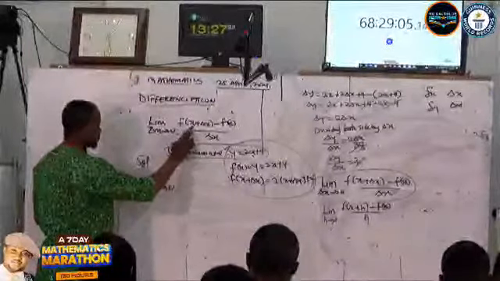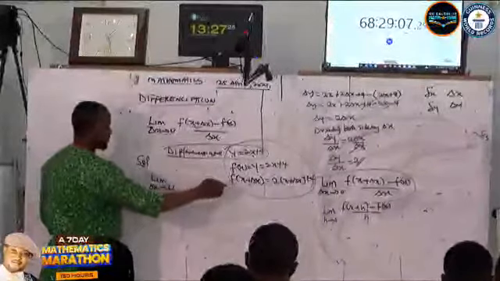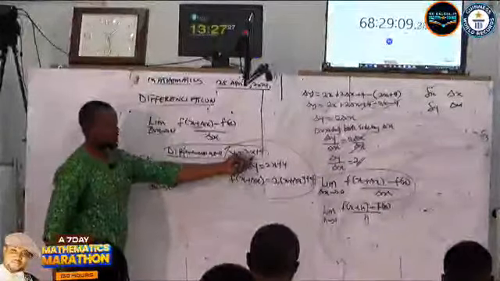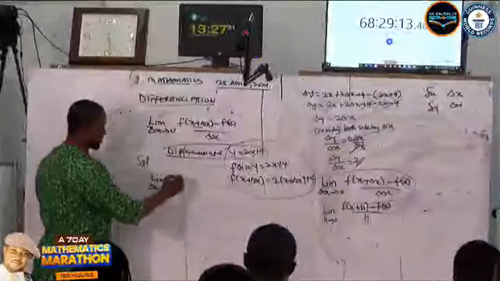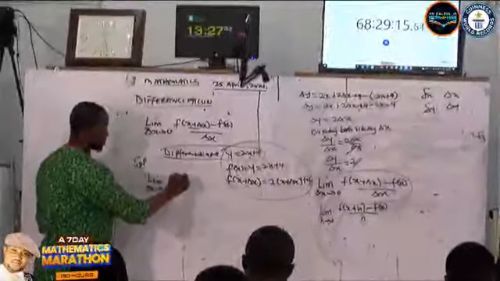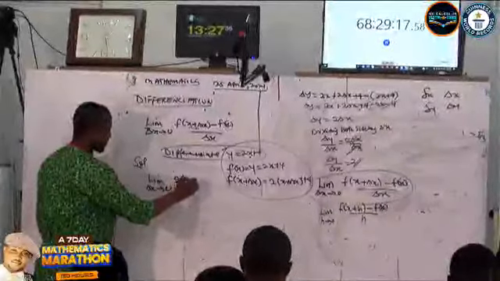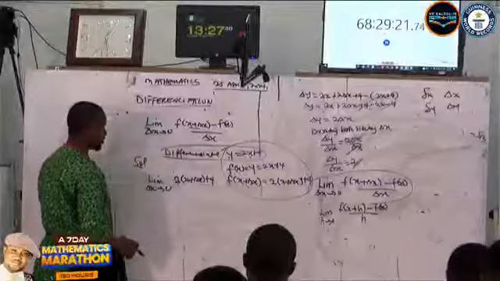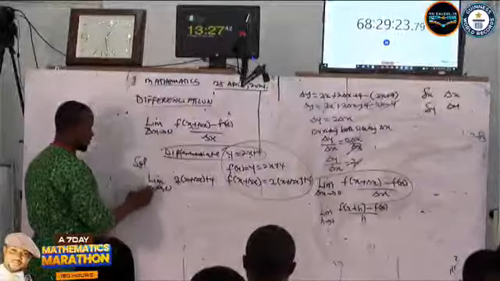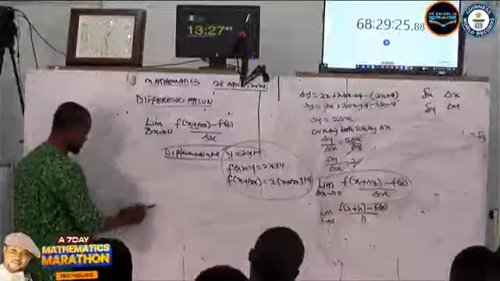In place of f of x plus change in x, now what was the question? So I now write like this, 2 into x plus change in x plus 4. Let me shift so that I have space. I don't want to clean the other one.